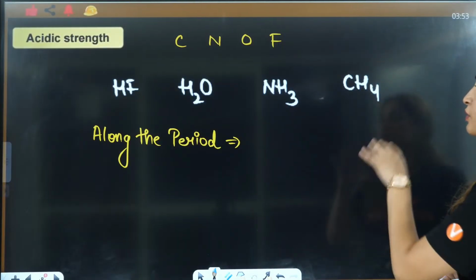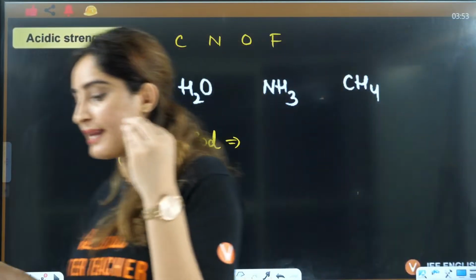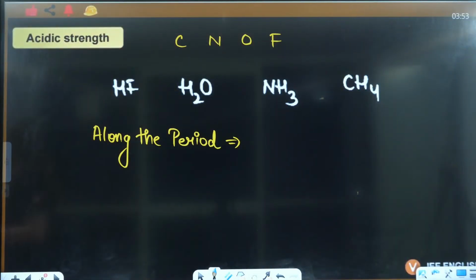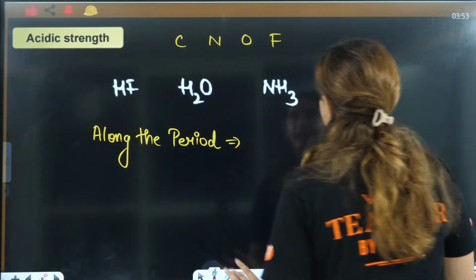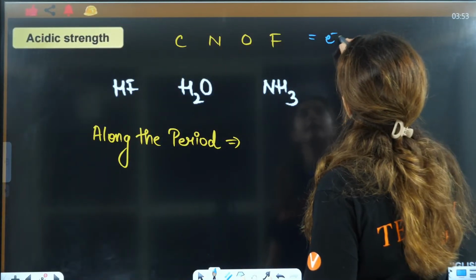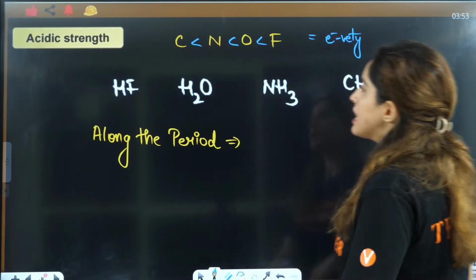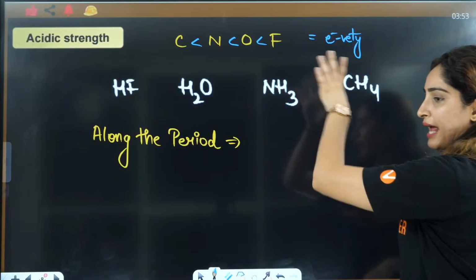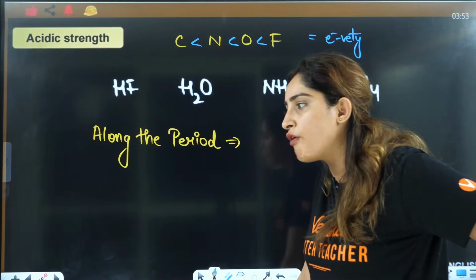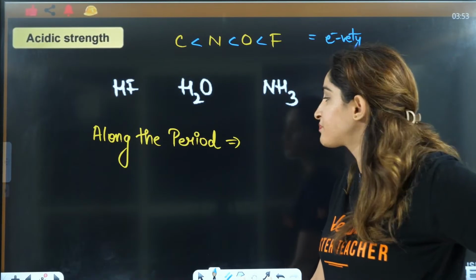So here you are going to consider the electronegativity of the elements. The electronegativity of fluorine is maximum. Carbon, nitrogen, oxygen, and then you have fluorine, right?